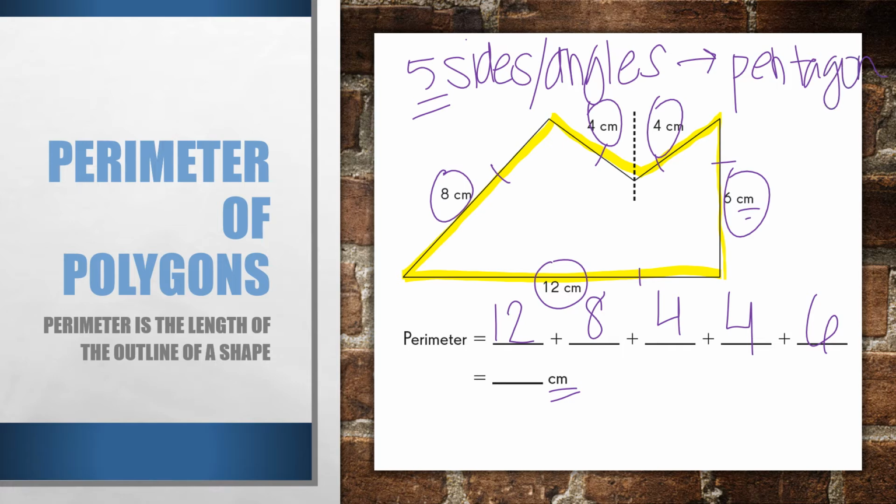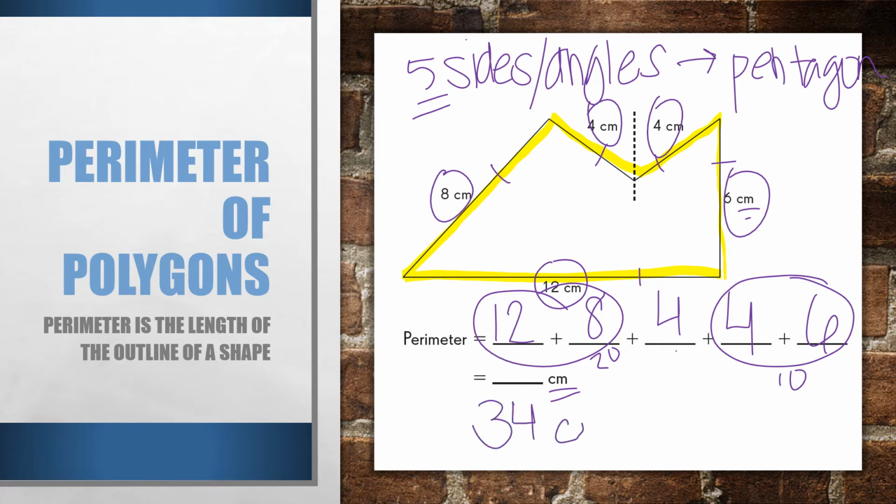So now we just need to add this up. So just like anything else, we look for things that go together nicely. I see this 4 and 6 make a 10, this 12 and 8 make a 20. So those together make 30, and then I have my 4 left. So, because of my big circles, I'm going to write my answer down here. I have 30, right? 34 centimeters.